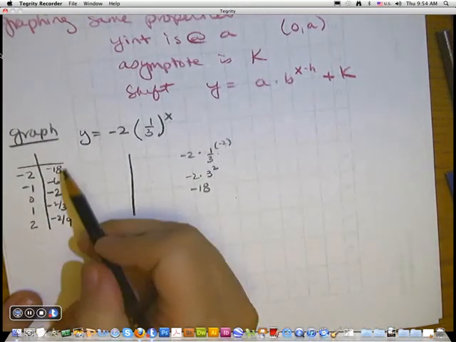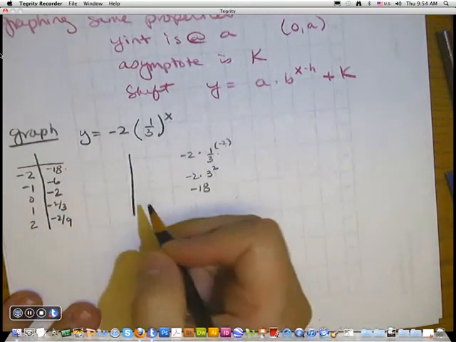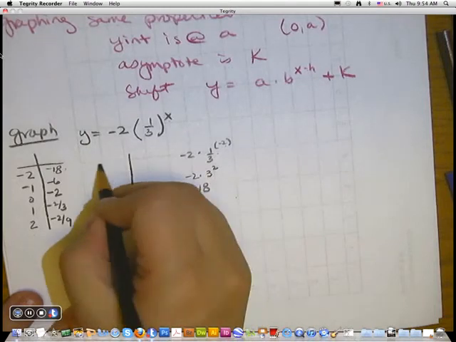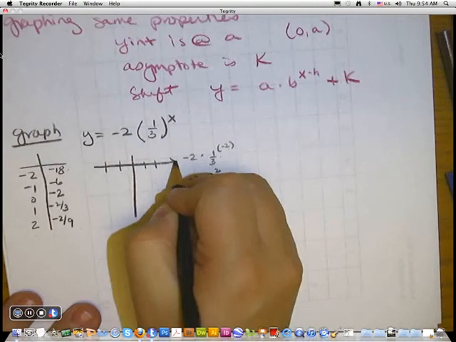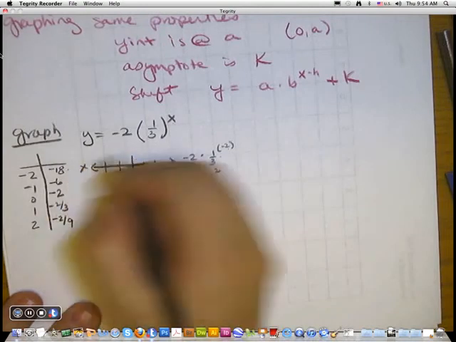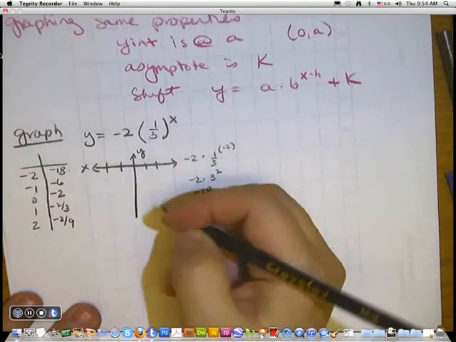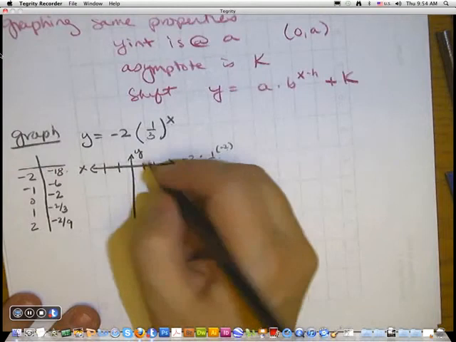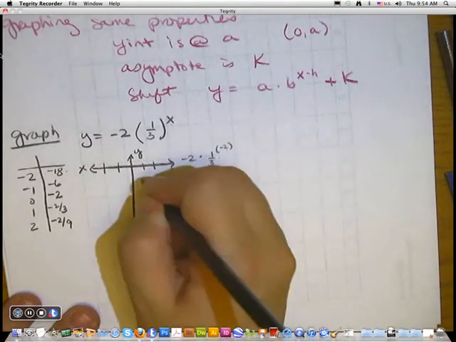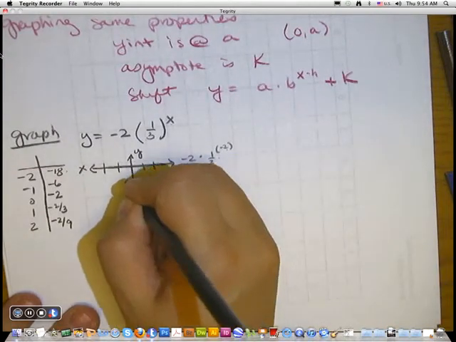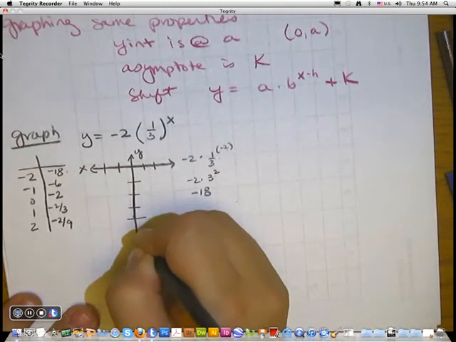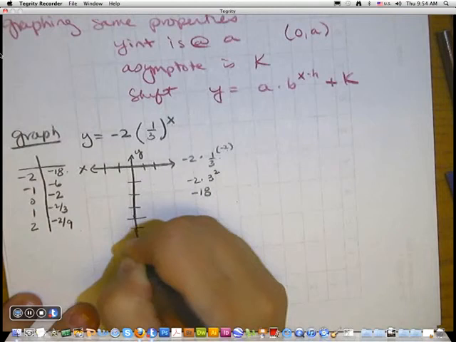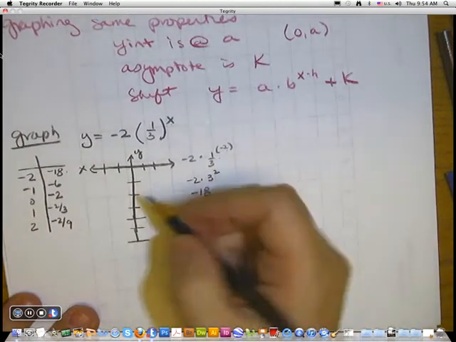All right, when I plot these points, -2 to 2, -18 to -2/9, I don't need to have more than that. However, I do need to have labels, arrows, axes. 18 is larger than 15, so I can go by a different value. Maybe I go by 3s: 3, 6, 9, 12, 15, 18.